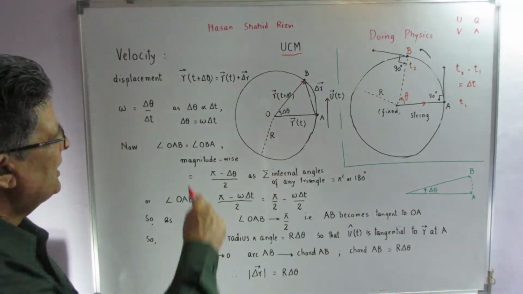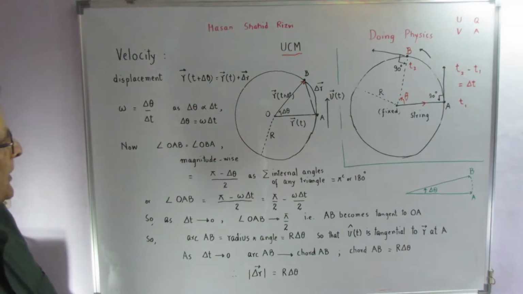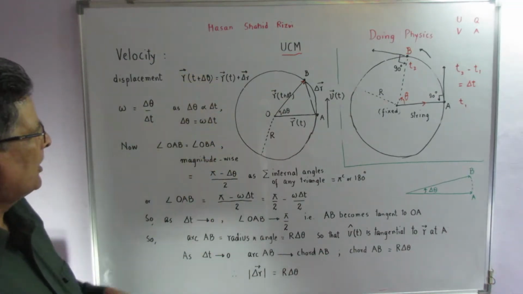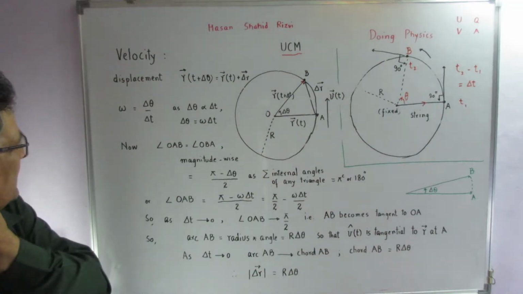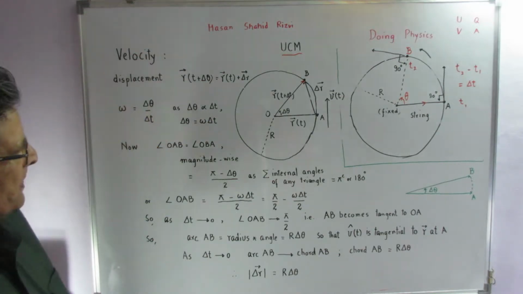In the last lecture, I did show that the relation is a straight line on the time and theta axis. So I get this value omega equals delta theta upon delta t.